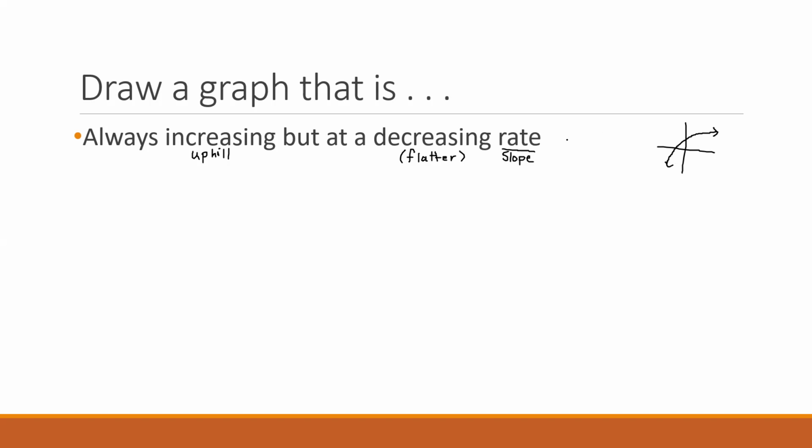And so this is a shape that fits the description, and we'll notice that what we drew is concave down. So what we have here is a verbal description of something that ends up concave down. Let's try another one.